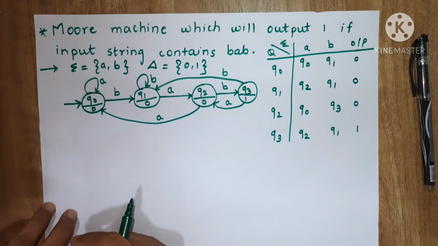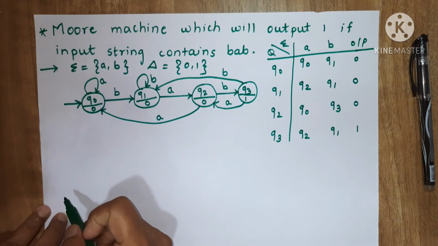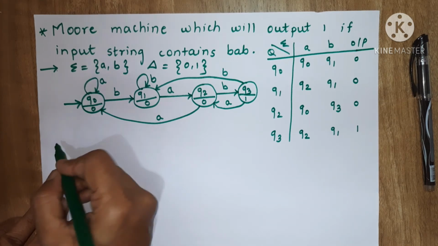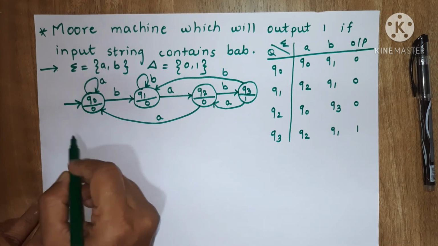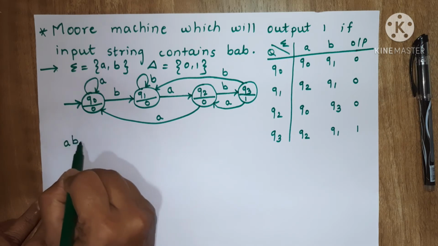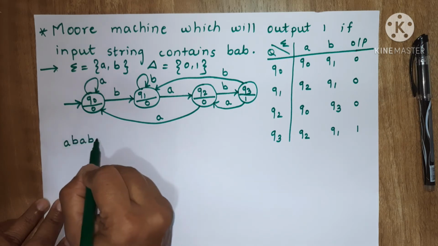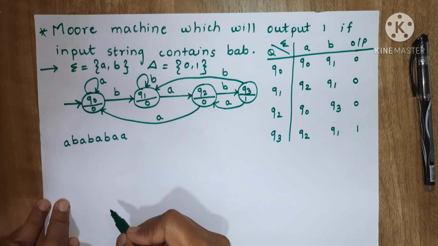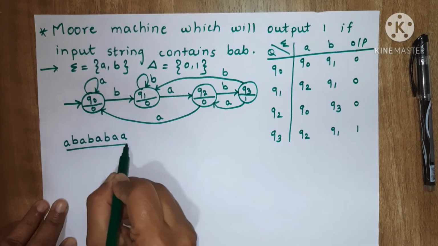Okay, so now we will take one string and we will check whether it is producing output as 1 whenever BAB is encountered. For example, suppose we take the string A, B, A, B, A, B, A, A. Suppose this is an input string.